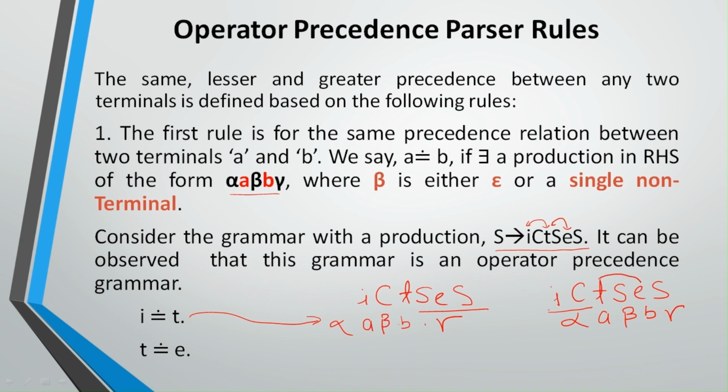So again, T has the same precedence level as E.